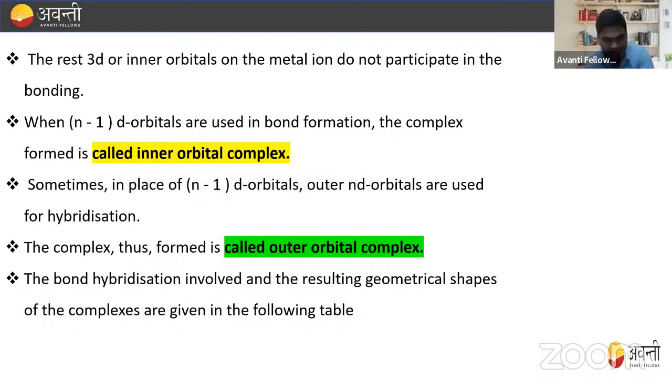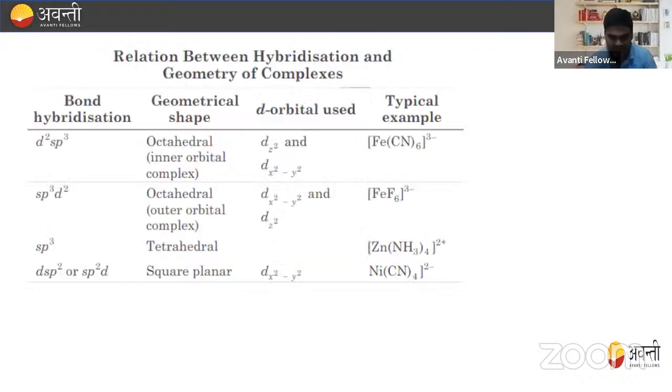When (n-1)d orbitals are used in bond formation, the complexes formed are called inner orbital complexes. Sometimes, in place of (n-1)d orbitals, outer nd orbitals are also used for hybridization. Then they are called outer orbital complexes. The hybridization involved and the resulting geometrical shapes of the complexes are given in the following list, right?